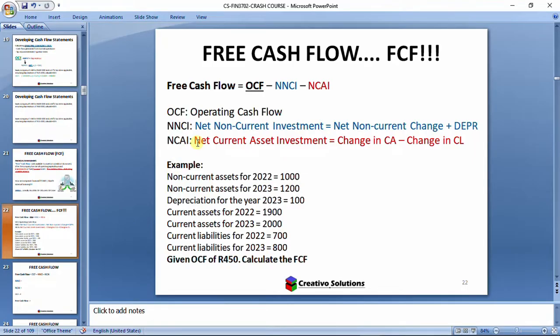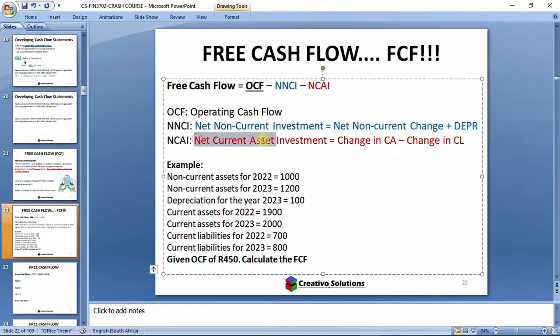I'm calculating the NCAI, my investment in current assets. I need to know what the change is in my current assets, and I need to know what the change is in my current liabilities. So what's the change in current assets? 100. Good. What's the change in current liabilities? 100. Plus or minus? Plus.